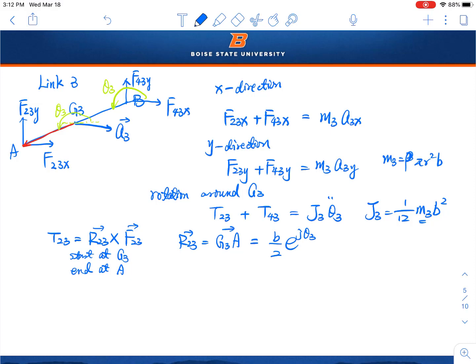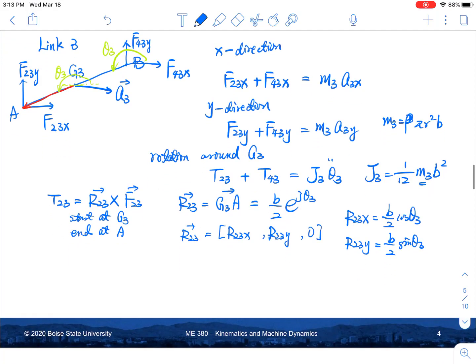So if you want to write R23 in Cartesian coordinates, you would have R23x, R23y, and 0, where R23x is just the real part of this vector, that's b/2 cosine theta 3. R23y is b/2 sine theta 3. Okay? And then you do the cross product.